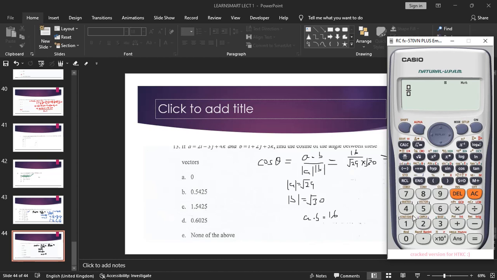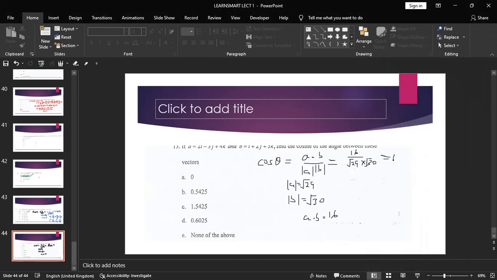We have 16 over root of 29 multiplied by root of 30. We end up with 0.542. So this is the cosine of this angle. So from here you can notice that this is the final answer.